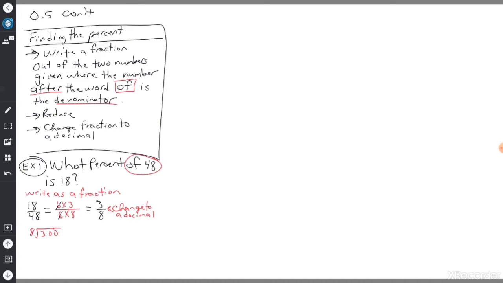So we write it as 8 divided into 3.00 because 8 is going to divide into 30. So let's bring that decimal up. 8 is going to divide into 30.